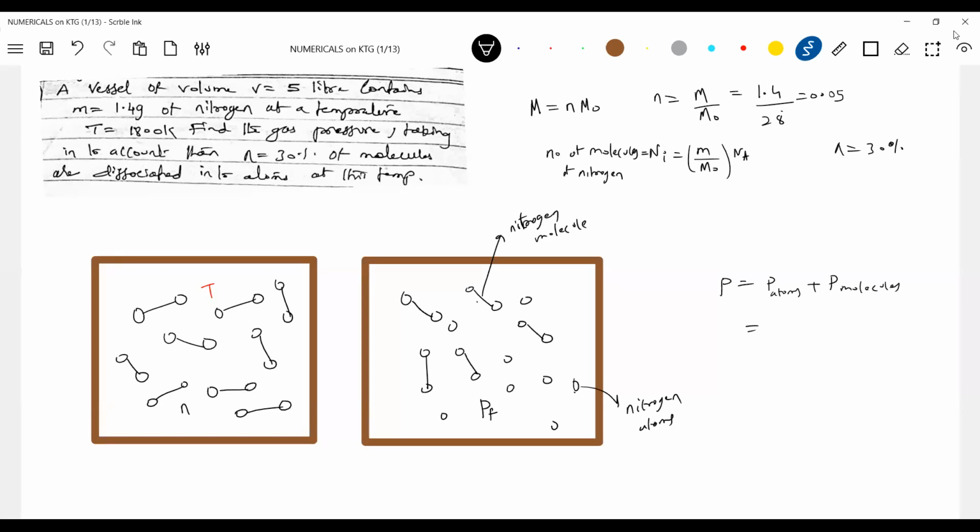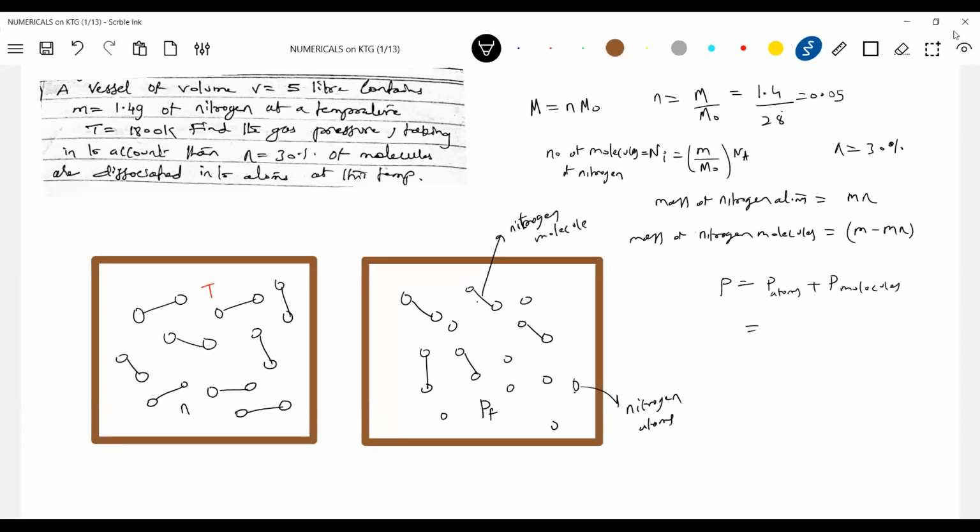M minus eta. So the mass of nitrogen atoms is M into eta, and the mass of nitrogen molecules should be M minus M eta.